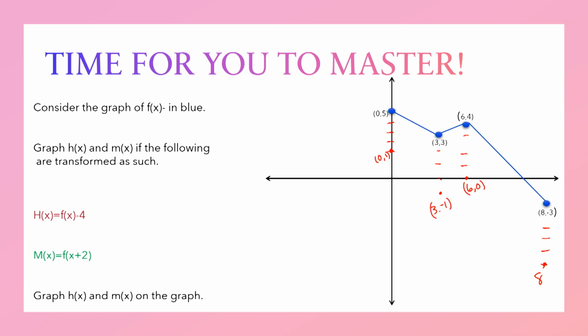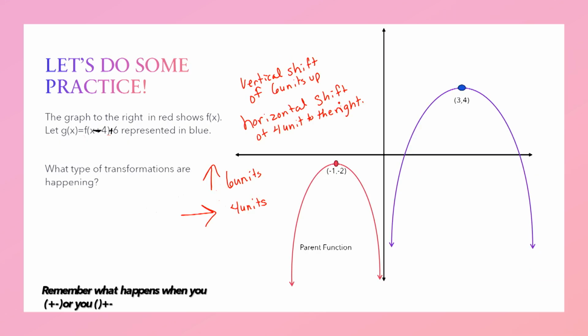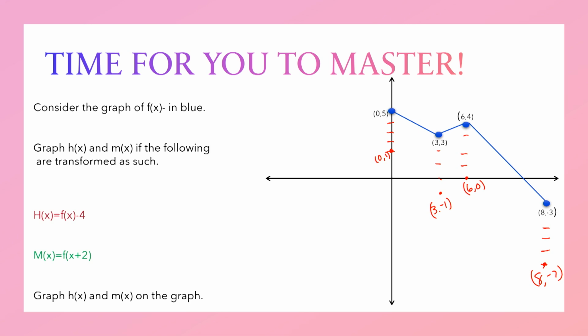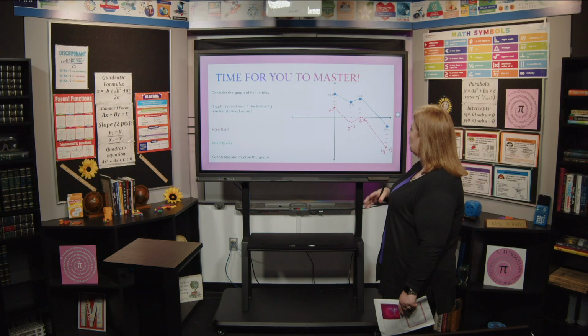So I'm going to have 8, comma, negative 7. And then I'm going to graph my points. So there is my transformation of vertically going down 4 units. See if mine and yours look alike.